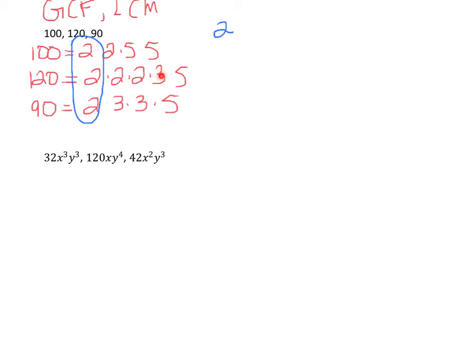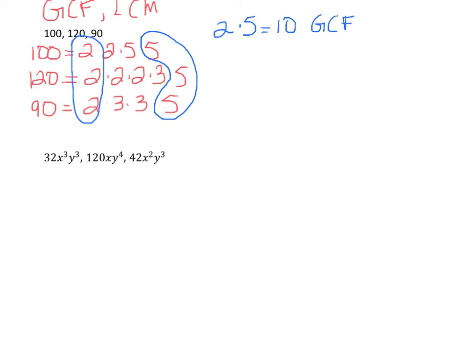If you look here for the 3, you've got a 3 in 2 of them, but not in this one here. So you can't count that 3. The next value that exists in all 3 is a single 5. So the greatest common factor, that means it's the largest number that you can divide 100 by, 120 by, and 90 by. I can do 100 divided by 10, 120 divided by 10, and 90 divided by 10.